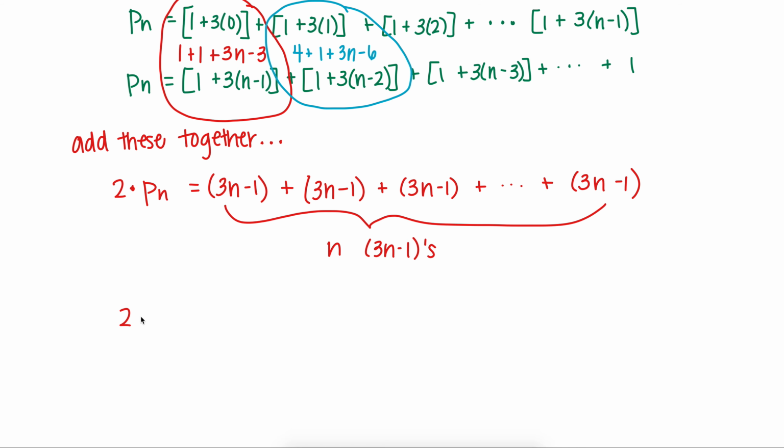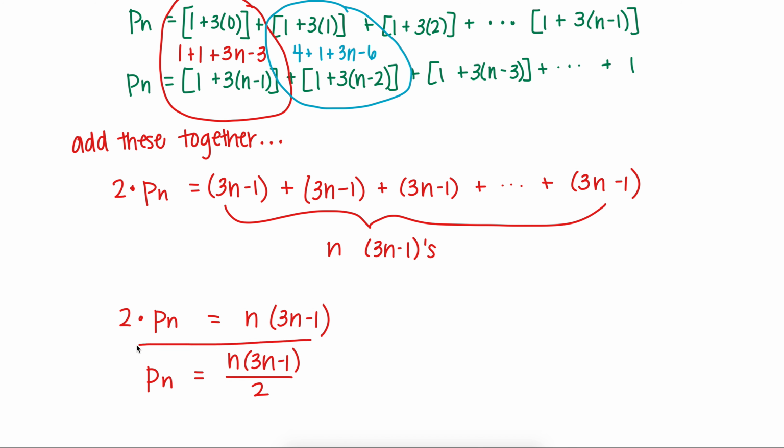I can represent this sum as 2 times p sub n is equal to n times 3n minus 1. So the number of dots is equal to n times 3n minus 1, over 2. So now we have a generalized formula for the number of dots in a pentagonal number.